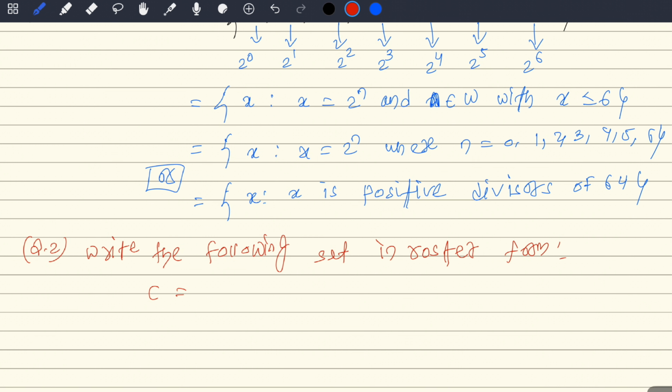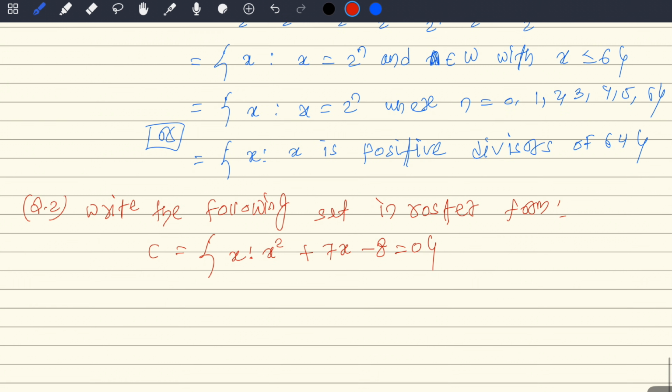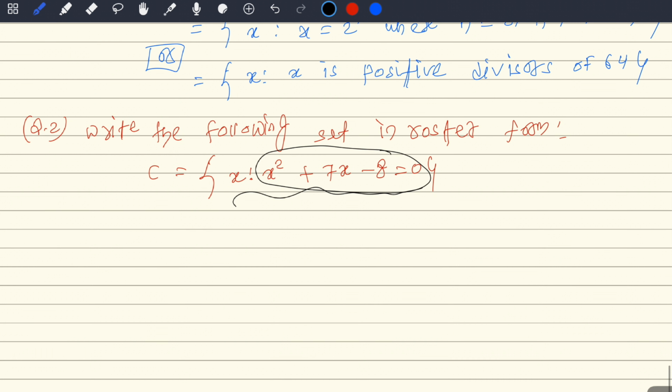The set is given, capital C is equal to x such that x square plus 7x minus 8 is equal to 0. So clearly, in which form is it given? Set builder form. Type of object x, and the rule for the collection is this. So we have to convert it into roster form.